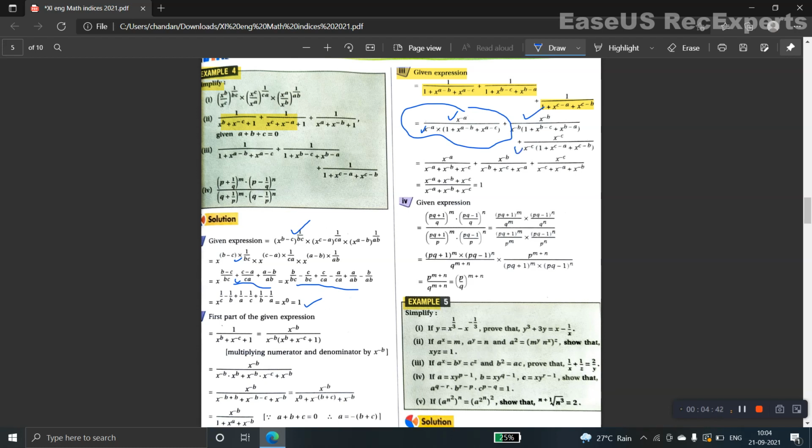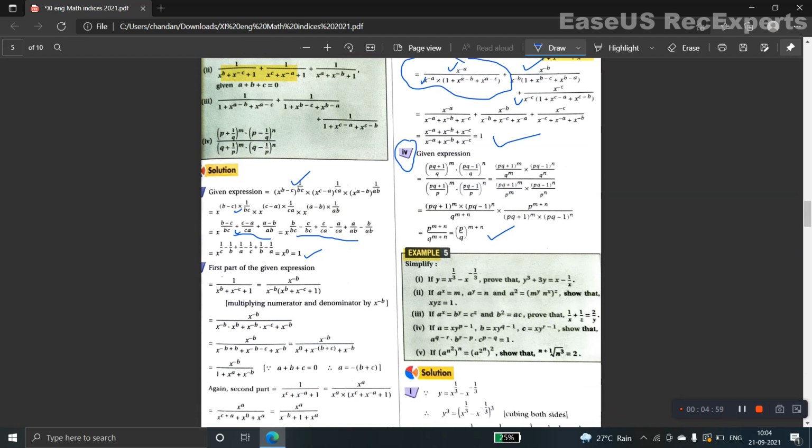After simplification the answer becomes 1. This answer becomes p by q in part 4 of Example 4. It becomes pq to the power m plus n, and so on.